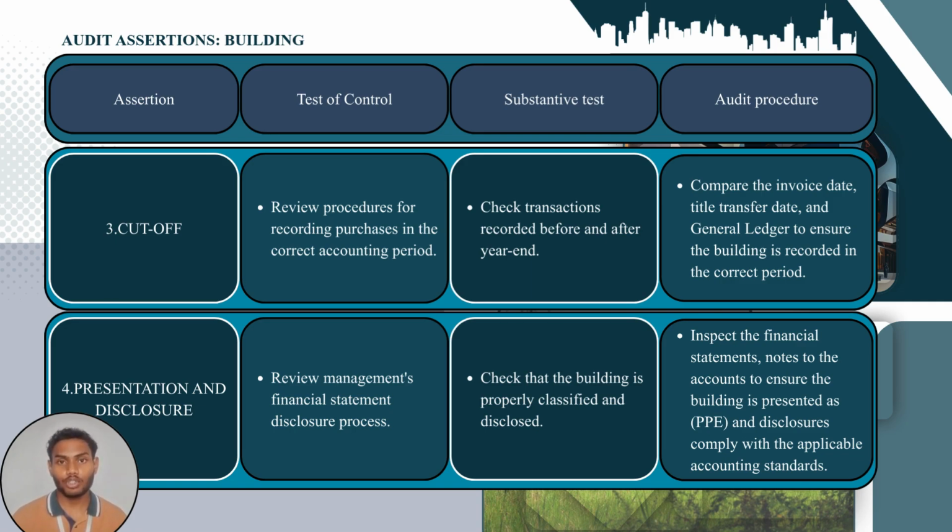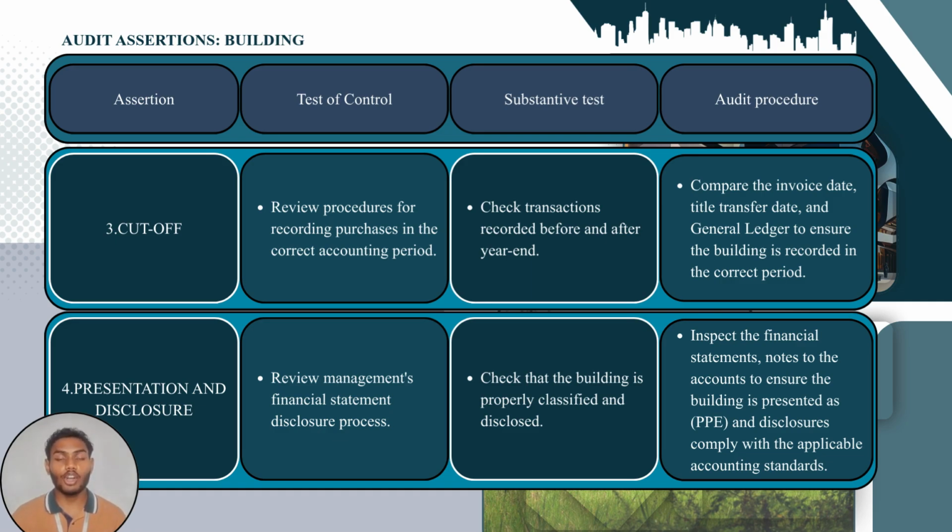So for the test of control, the auditor will review management's financial statements recording process. And for the substantive test, the auditor will check that the building is properly classified and disclosed, so there are no omissions or misstatements.